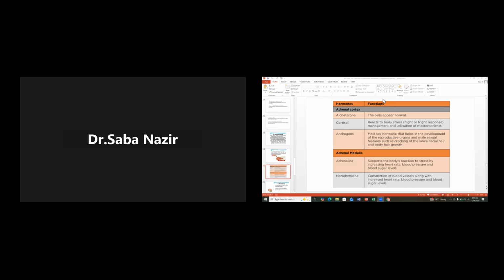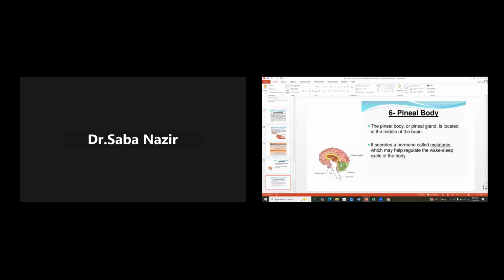At the age of puberty, this hormone tends to be released from the adrenal gland, and it causes the development of secondary sexual characters such as deepening of voice, facial hair, and increased muscular mass. All this is under the influence of the adrenal cortex. The adrenal cortex hormone, that is the androgen.